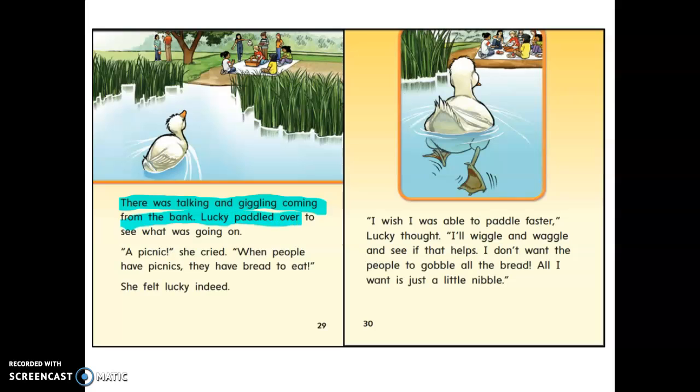Lucky paddled over to see what was going on. A picnic, she cried. When people have picnics, they have bread to eat. She felt lucky indeed. Why does she feel lucky?